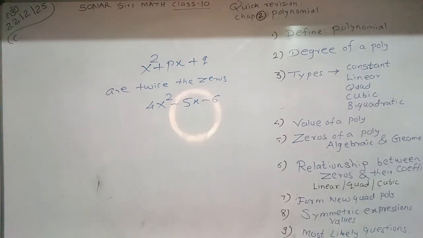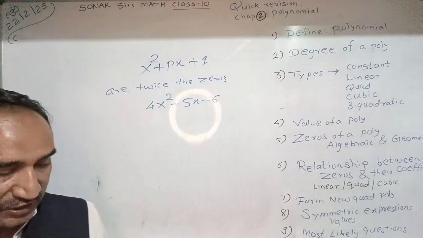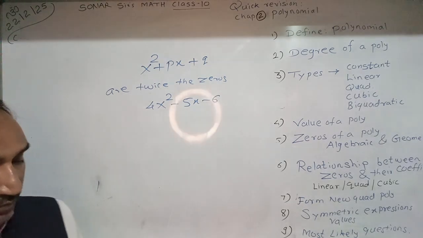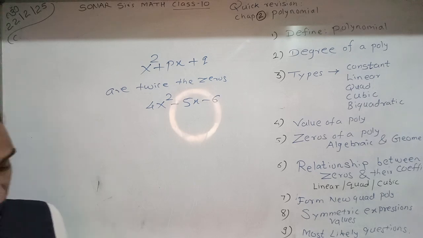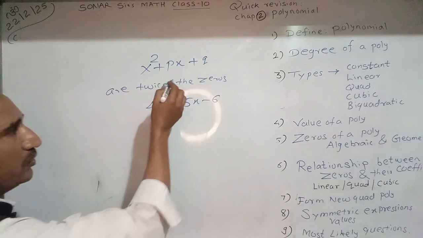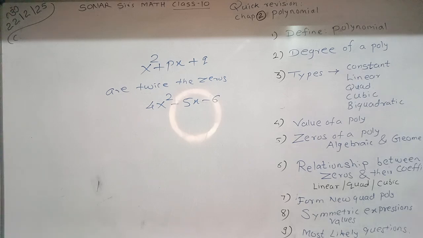So again, I read the question again. The zeros of the polynomial are twice the zeros of this given polynomial. Then find the value of p. We have to find the value of p only. There are two unknown terms, but he asks to find the value of p.